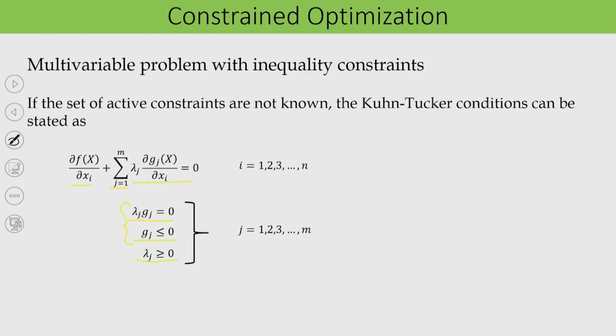So if the set of active constraints is not known, you have to put these two additional conditions, that is, lambda j z j equal to 0 and z j less than or equal to 0.